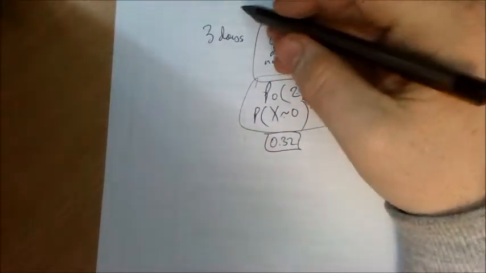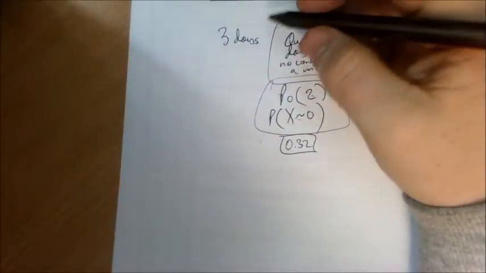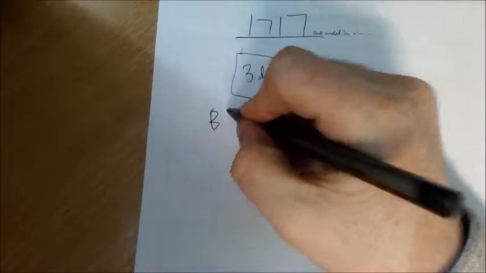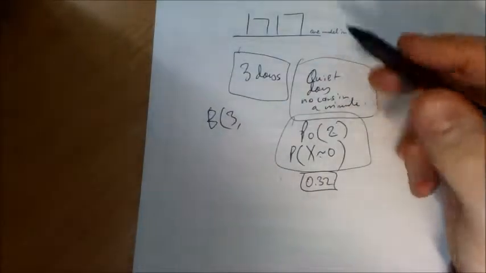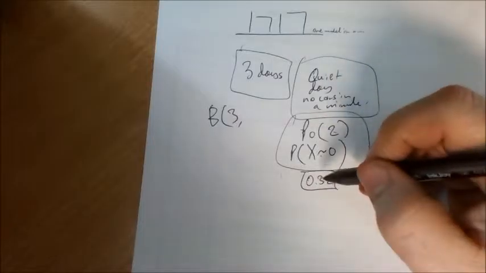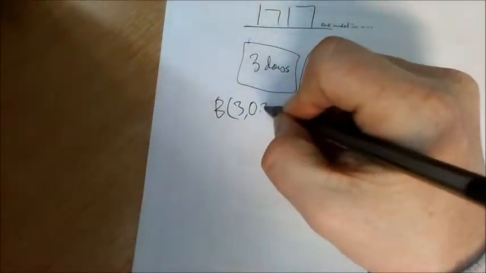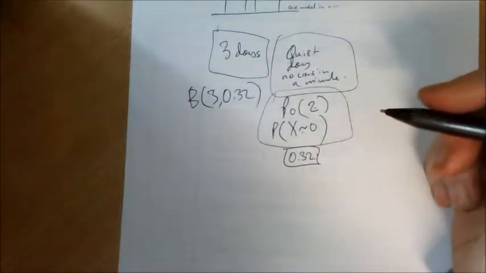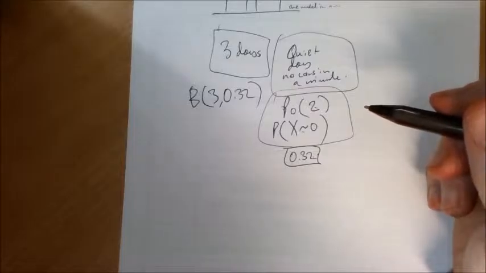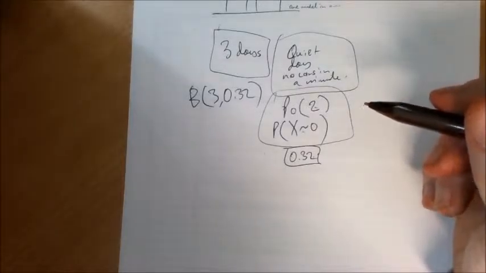But let's say I do that 3 days in a row. Well, what now happens is that I'm doing something repeatedly, and that's therefore the binomial. So I've got 3 repetitions of something that has a certain fixed probability of occurring. So if I say, what's the probability of getting 1 day that's quiet?